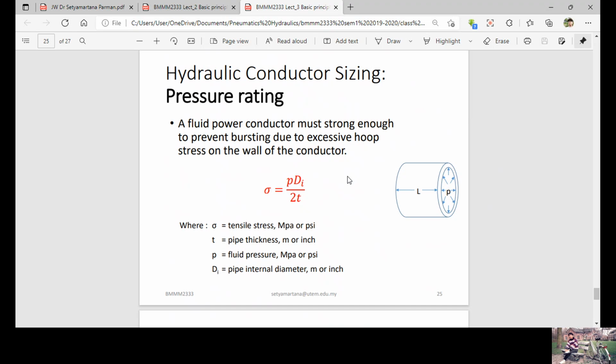So we can use this relation to calculate the pressure or to calculate the tensile stress in the pipe wall.